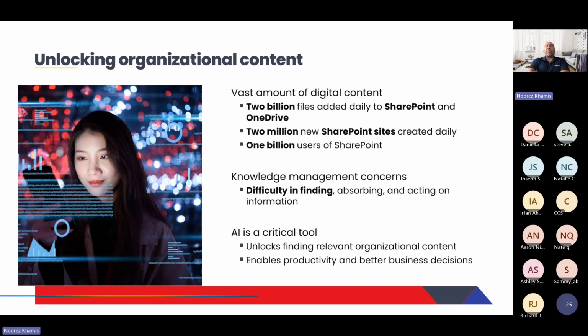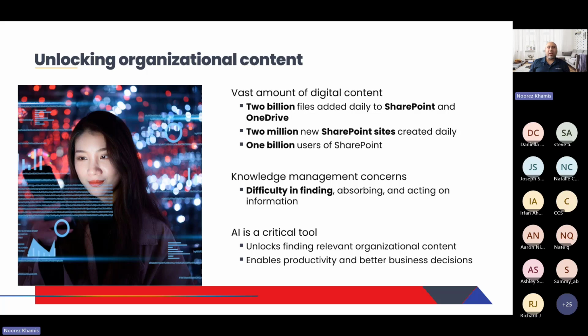So I just wanted to start with this slide here. We know that on a daily basis, employees at companies are creating a huge amount of content, and they're adding 2 billion files daily on SharePoint and OneDrive. And there are 2 million SharePoint sites created daily. At the last event, they announced that there are now 1 billion users of SharePoint.